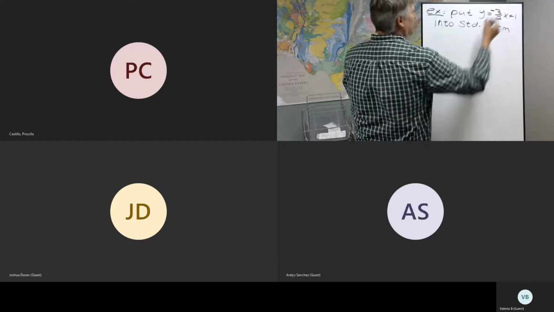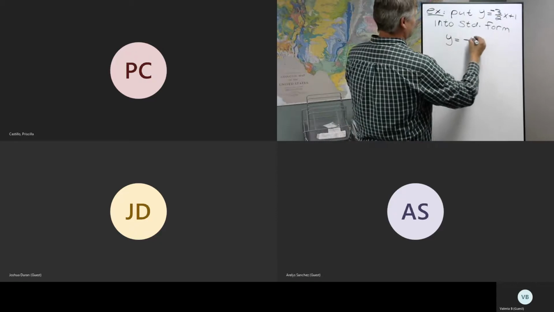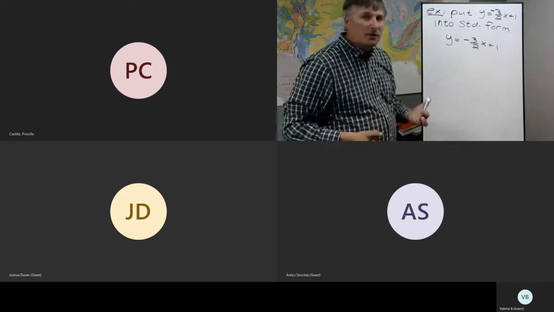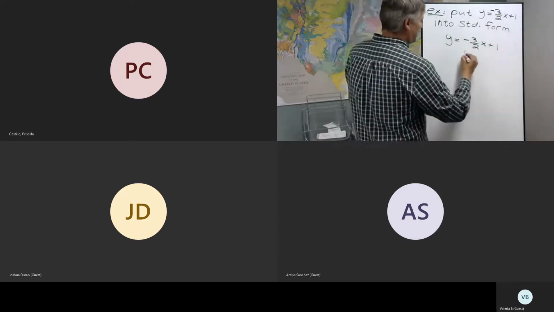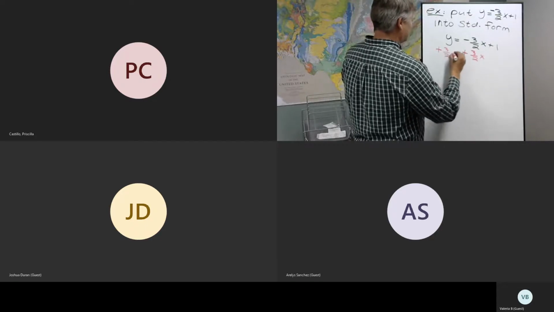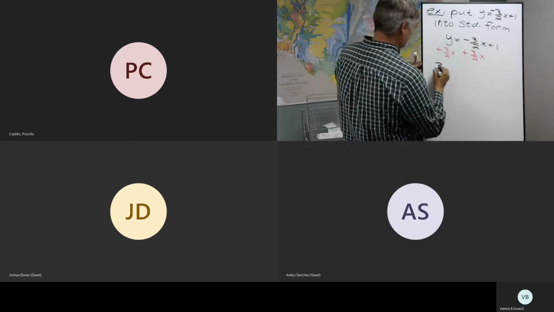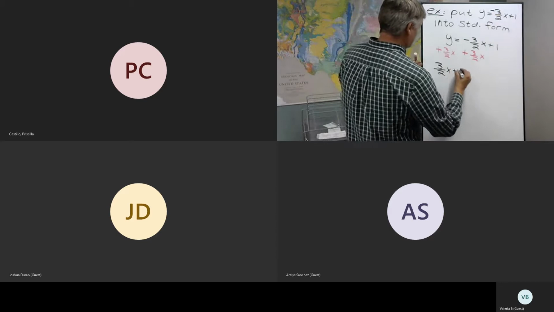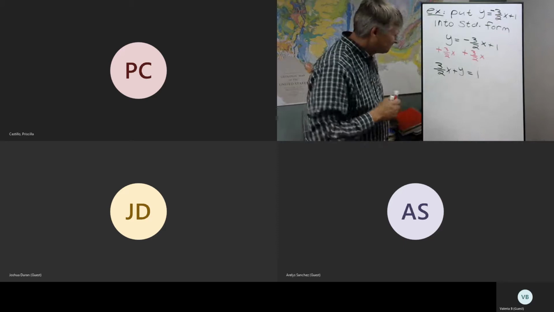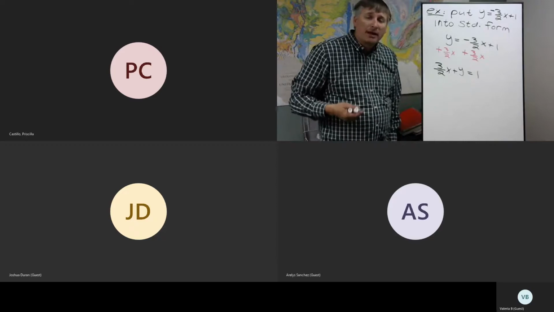In fact, let me put a minus on here. So I want to move the x term over. So if I add 3/2 x to both sides, we're going to get this. And typically in standard form, I want to try to avoid fractions. So I'm going to multiply everything by 2.